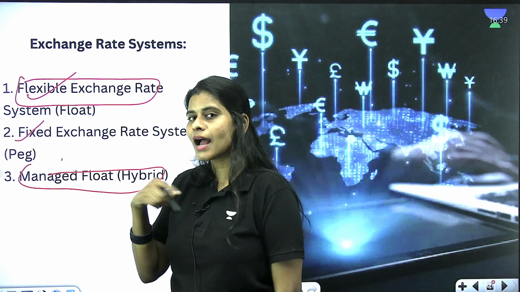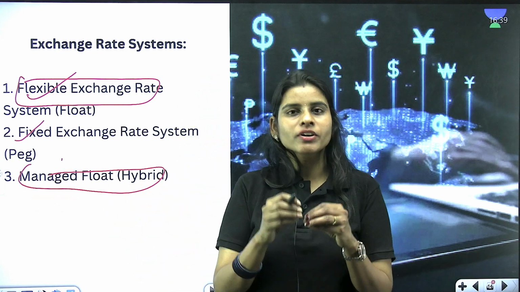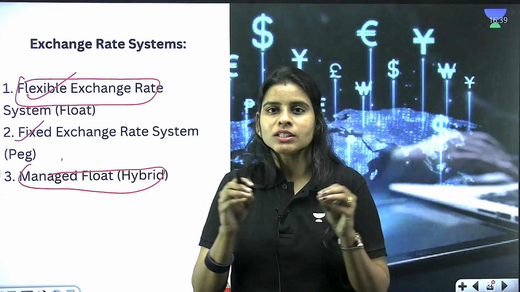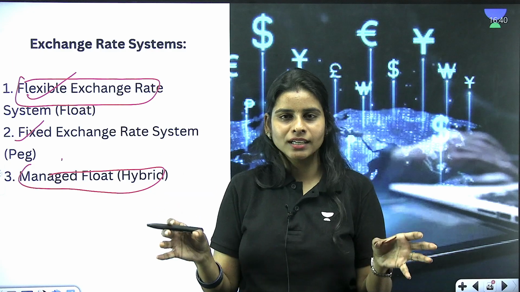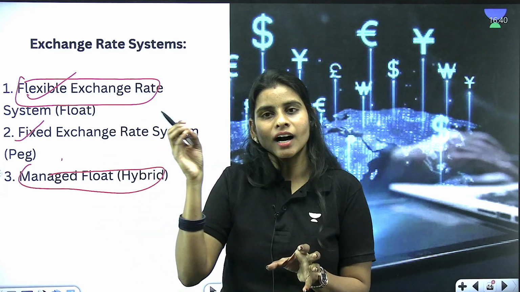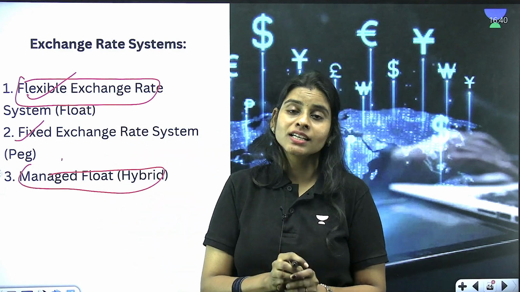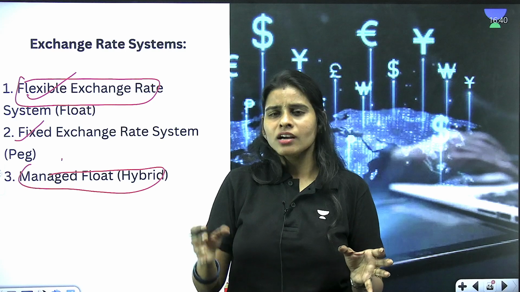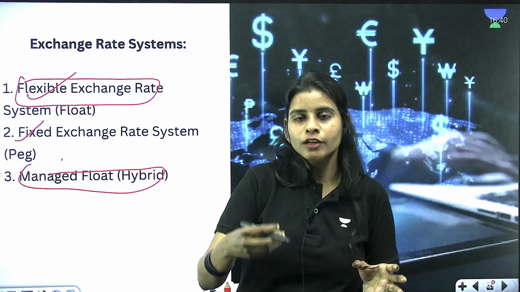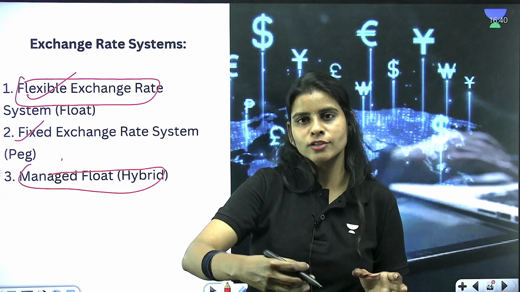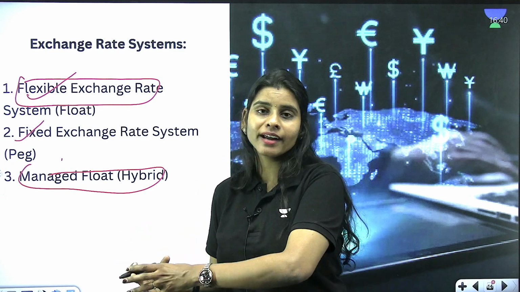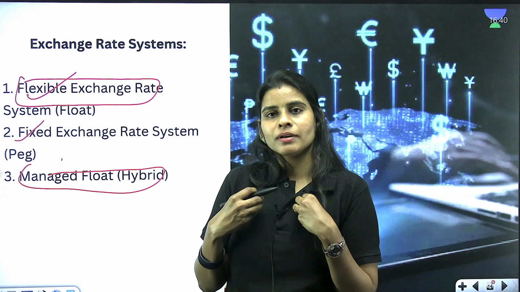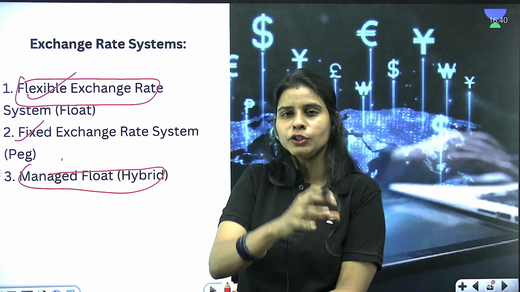So what is this managed exchange rate system? Allowing the exchange rate to operate on the basis of market conditions, but at times it is getting altered by the RBI voluntarily. See, if my exchange rate is determined by market forces, but at times if there is a need for me to intervene so as to save my country's trade, in that case I am the RBI, I am going and voluntarily doing something.